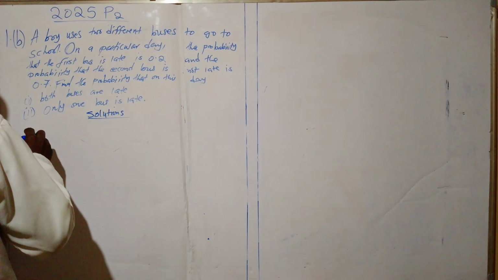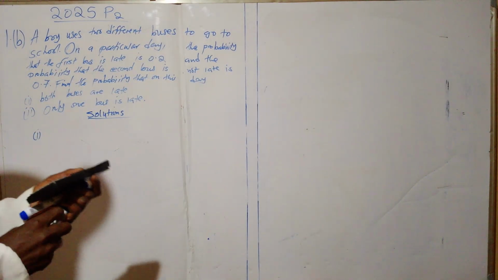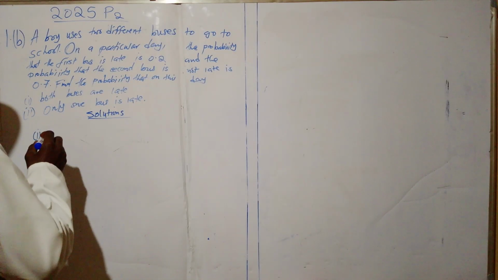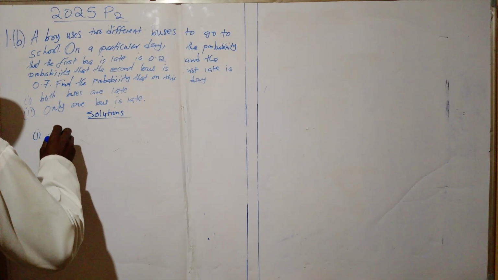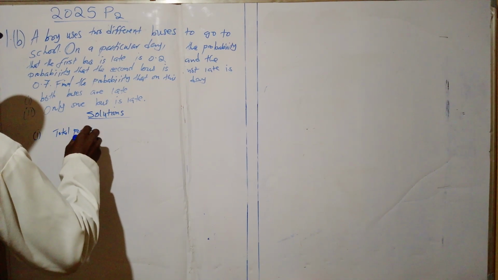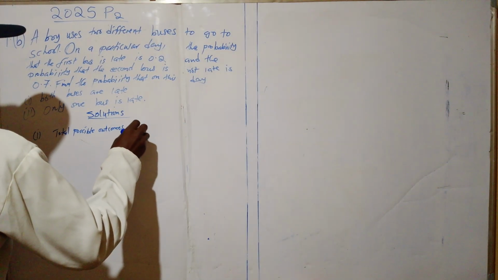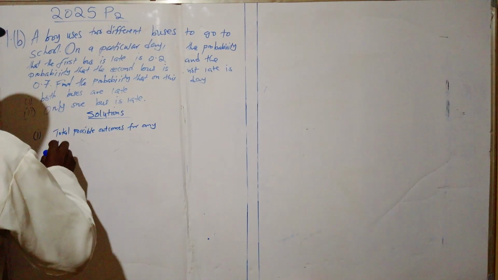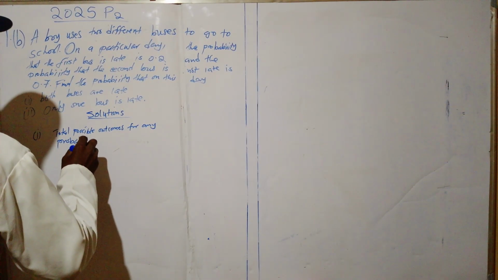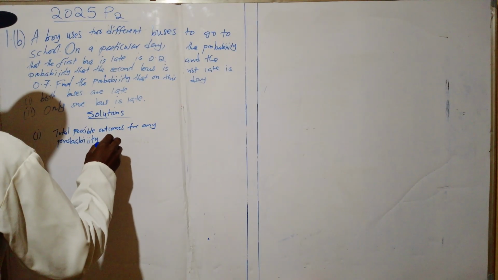So let's start with the first one. What you need to know is that the total of possible outcomes for any probability should equal to 1.